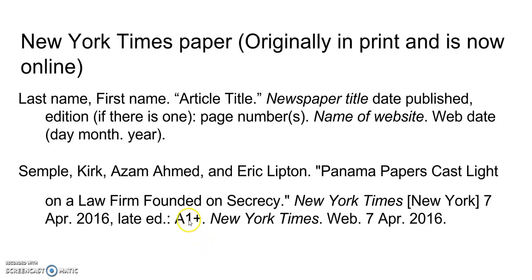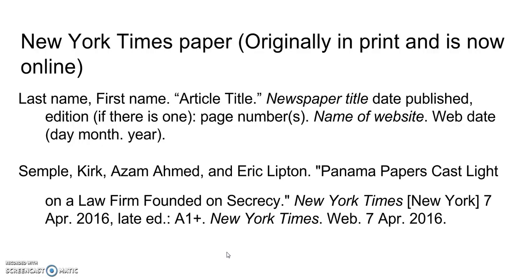So if it had gone from A1 to A2, then I could have just done A1-A2 to show that that's the range that it was on. But because it goes on A7 and it's not consecutive, you put the plus sign there to tell the person that there's more to it, but it's on a different page that's not consecutive.